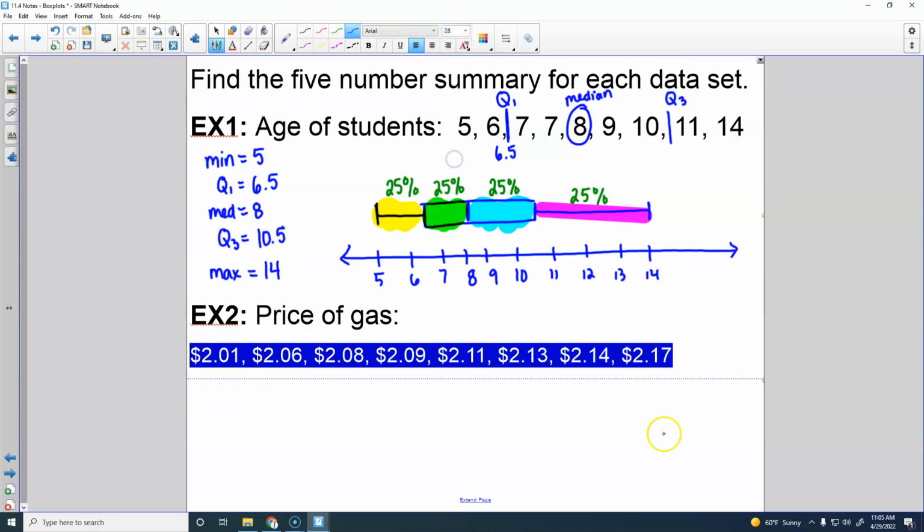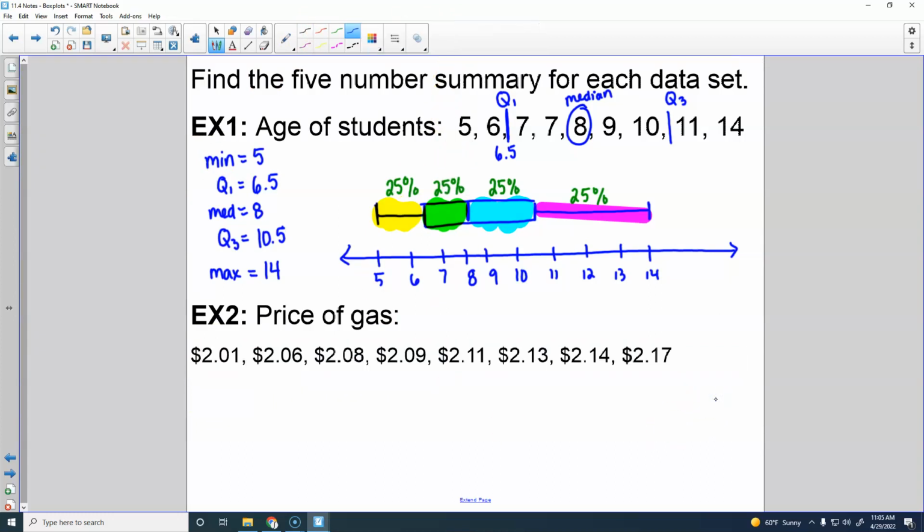If I've got 8 right here, then right between 209 and 211 is my median. So that would be 210. That splits each side into 4 numbers. So we would put our Q1 right here and our Q3 right here.